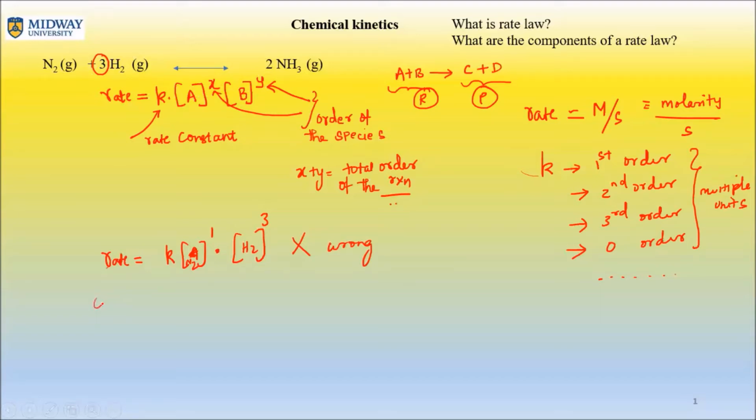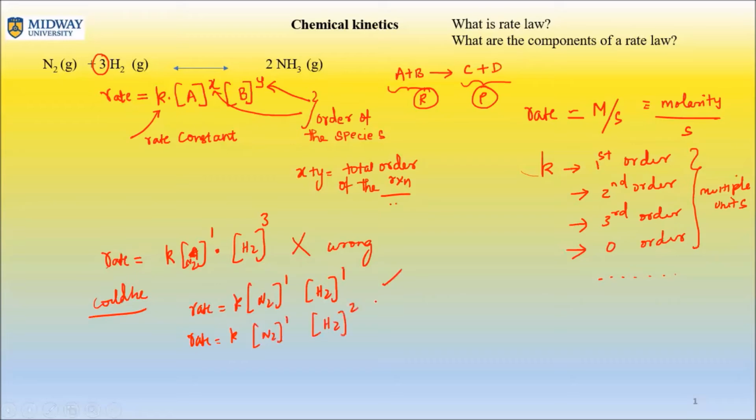This could be, I'm going to say could be, because I don't know, rate equals K times N2 power 1, H2 power 1. I'm saying it could be. Or it could be rate equals K N2 power 1, H2 power 2.